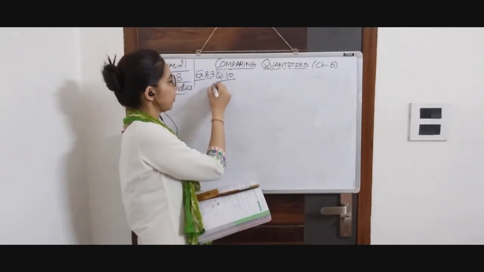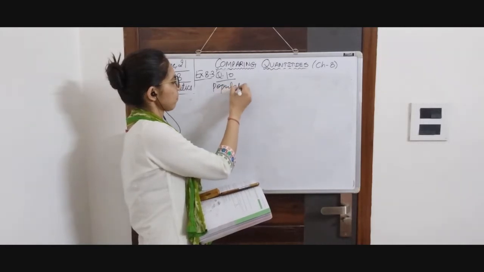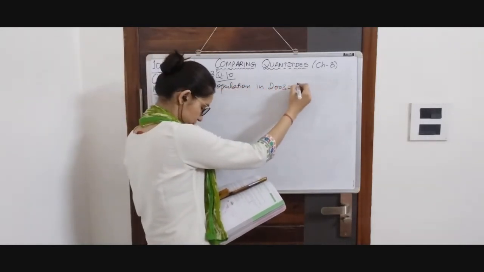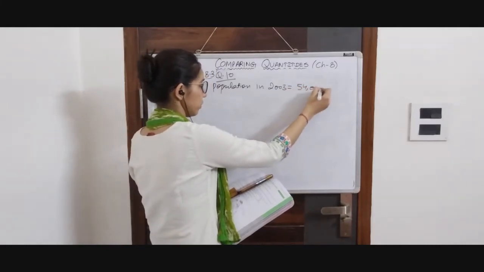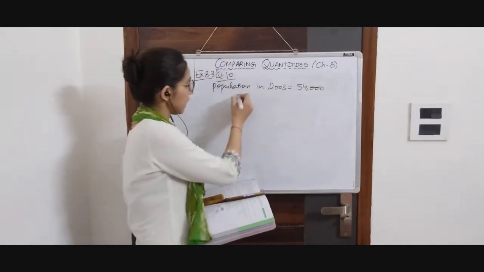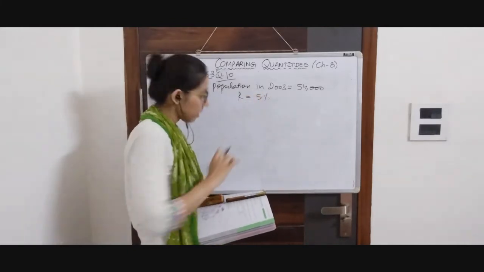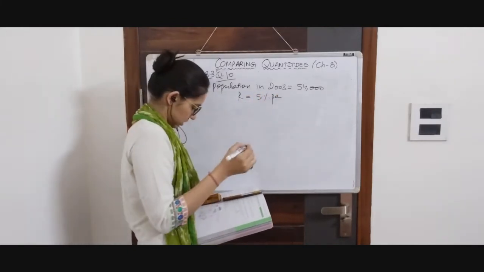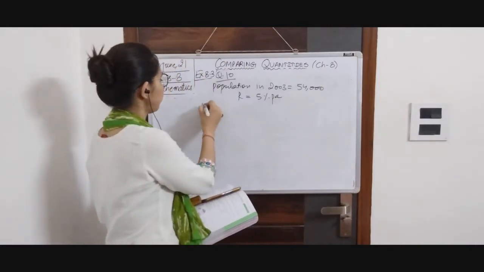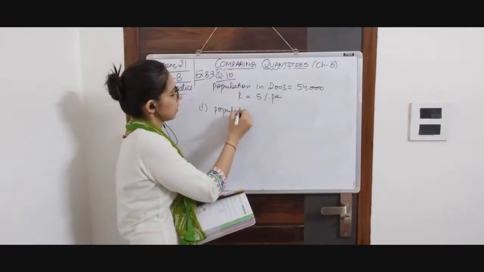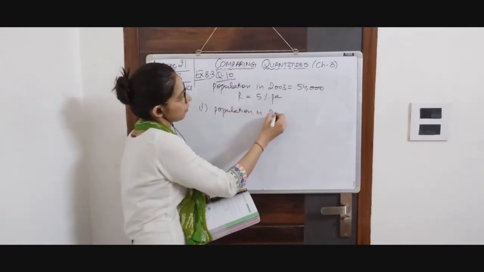Population in 2003 is equal to 54,000. Rate is 5% per annum. The first part is: what was the population in 2001?